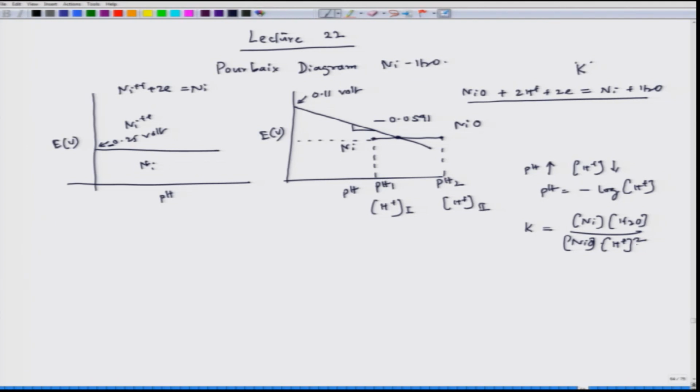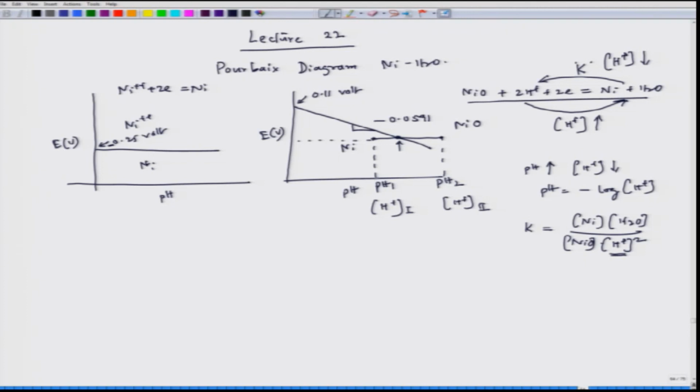Now, we see that K is constant at this point because we have attained equilibrium. Now, if we increase H plus ion concentration, then the system should go this way in order to maintain the reaction equilibrium constant. And if we decrease H plus ion concentration, the system should go this way. So, this is H plus ion concentration increasing and on this side is decreasing.